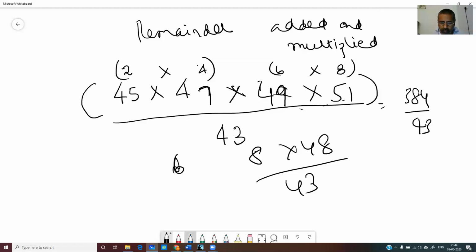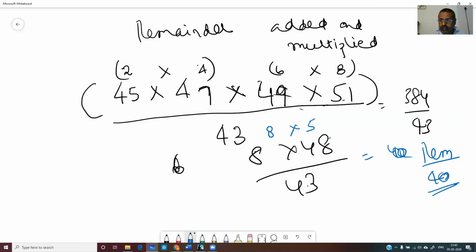You have seen that a smaller number divided by a larger number leaves the number itself as the remainder. Now 48 divided by 43, what is the remainder? 5. So what is the final remainder? 8 into 5 is 40. The final remainder is 40. You see how powerful this becomes?